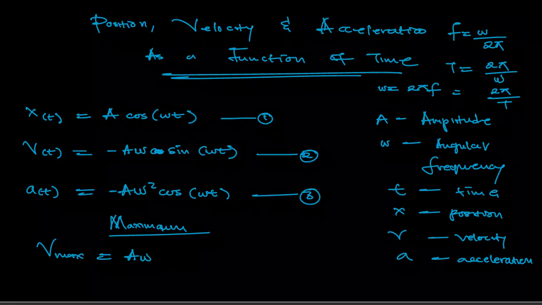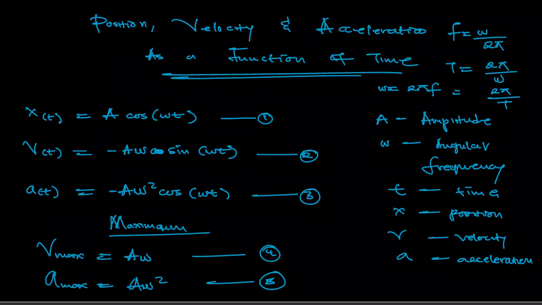Also Amax is found by amplitude multiplied by angular frequency squared. You should take note of these equations. This is a quick recap. Otherwise, you can take a screenshot of this screen so that you may revise.